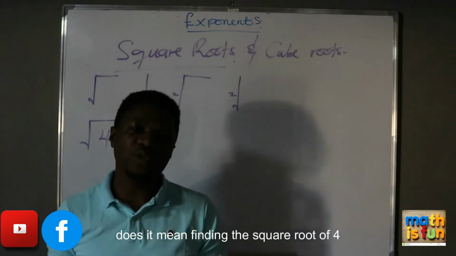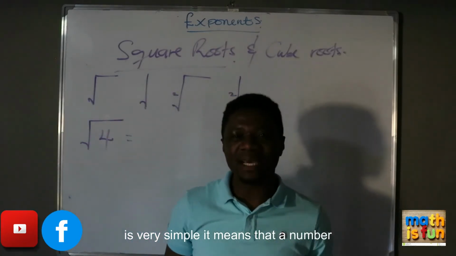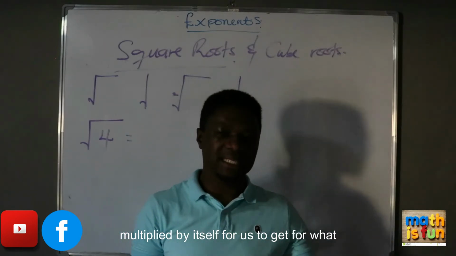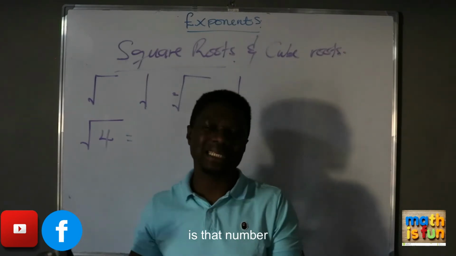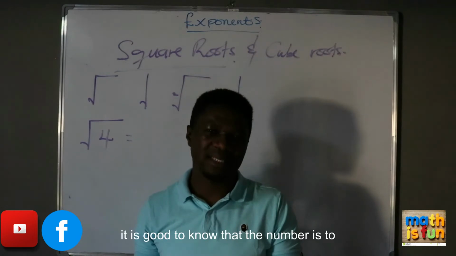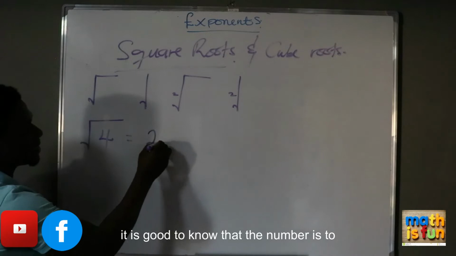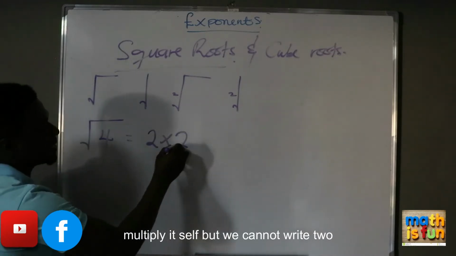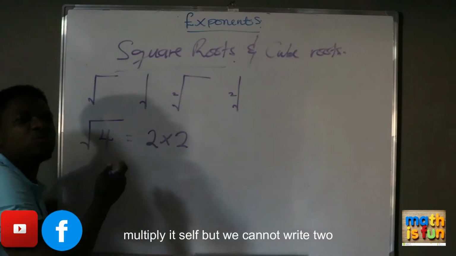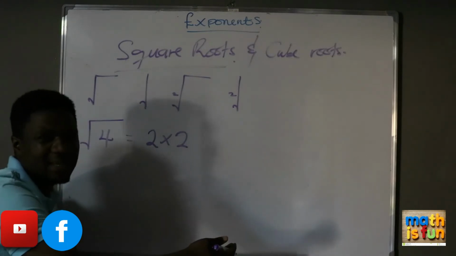Finding the square root of 4 is very simple. It means that a number multiplied itself for us to get 4. What is that number? It is good to know that the number is 2 multiplying itself, but we cannot write 2 times 2 as our answer.